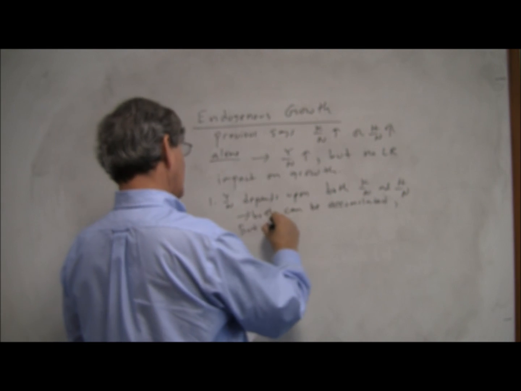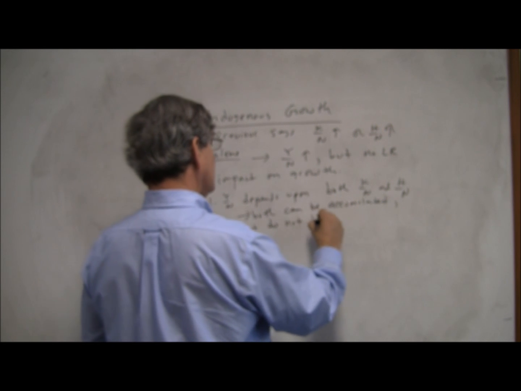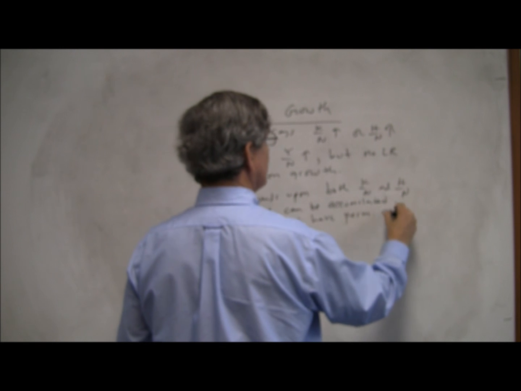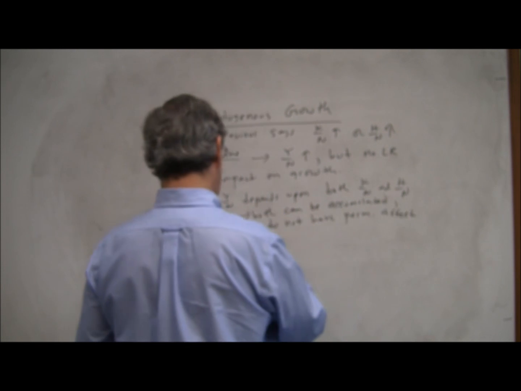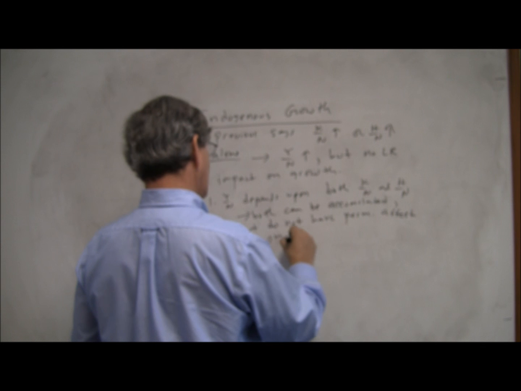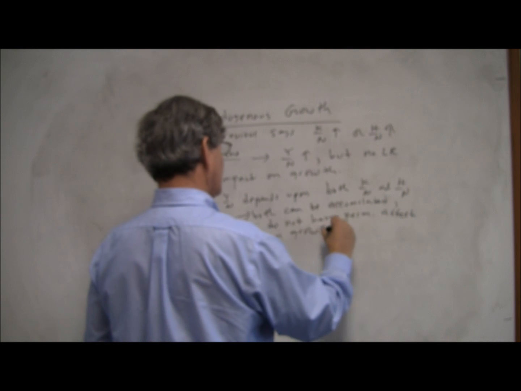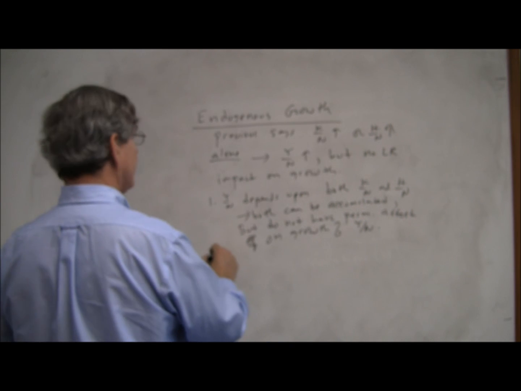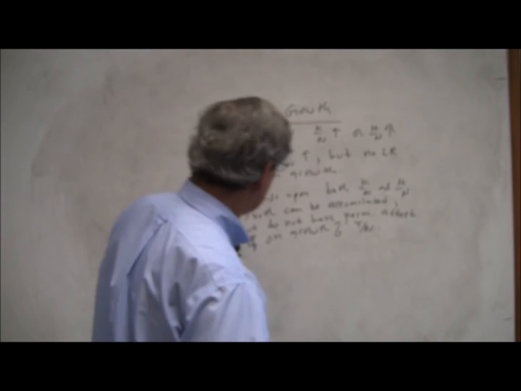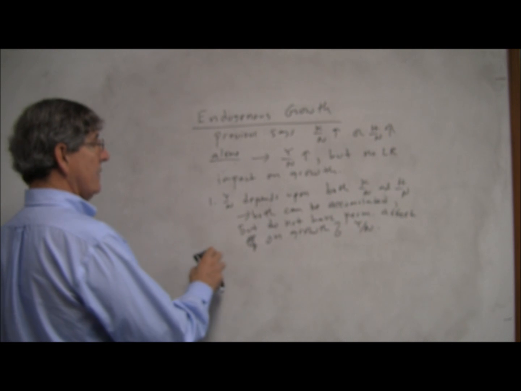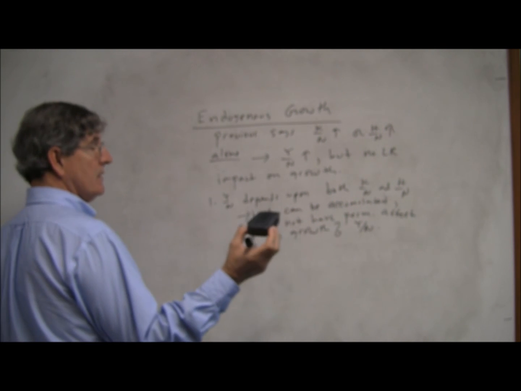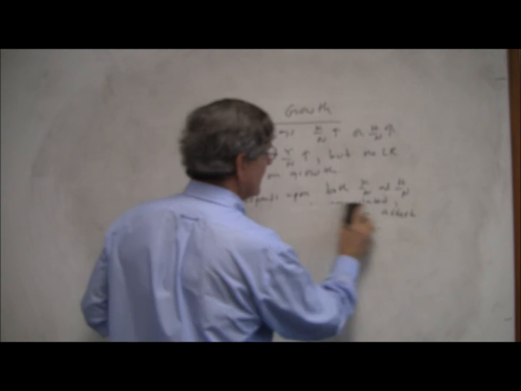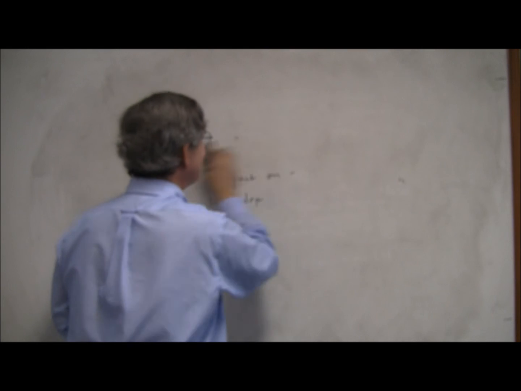But they do not have a permanent effect on the growth of Y over N. However, I'm going to erase so I can write it more clearly. So Y over N depends upon both K over N, both can be, and H over N, both can be accumulated, but you don't have a long run effect. Pause and rewind if you need to.